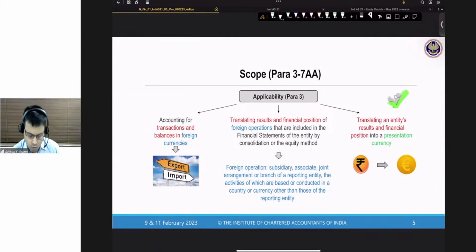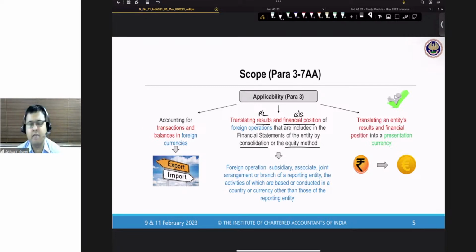Now, what is being covered? Accounting for transactions and balances in foreign currency, that is export, import, whatever is there. Translating results and financial position. Results means P&L. Financial position means balance sheet of foreign operations that are included in the financial statements of the entity, either by consolidation or by the equity method.